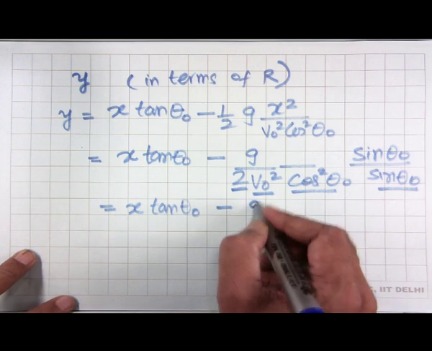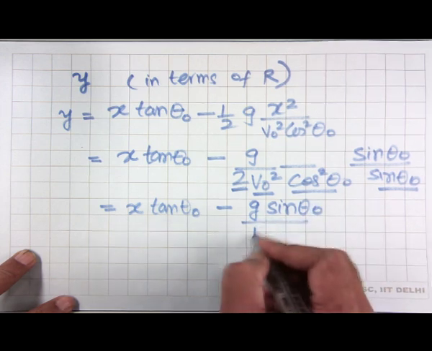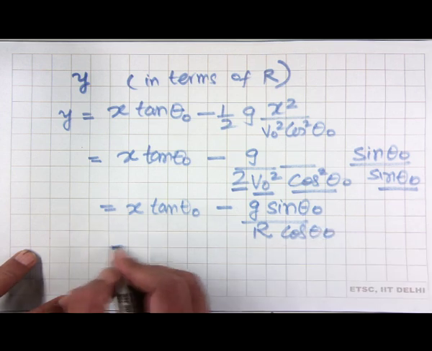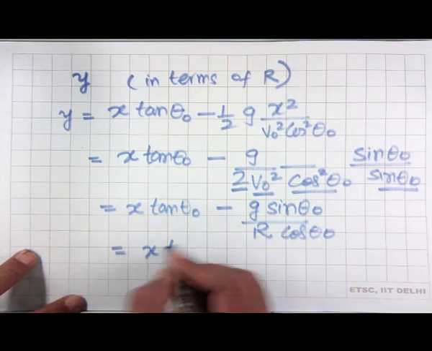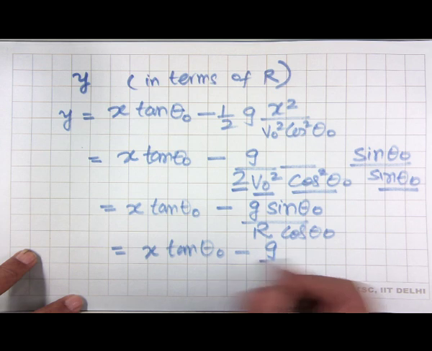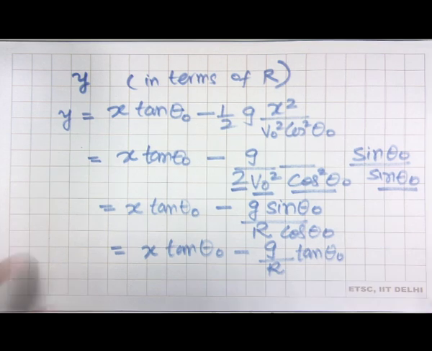So that becomes equal to minus g sin theta 0 upon R times cos theta 0. So this becomes equal to x tangent theta 0 minus g by R tangent theta 0.